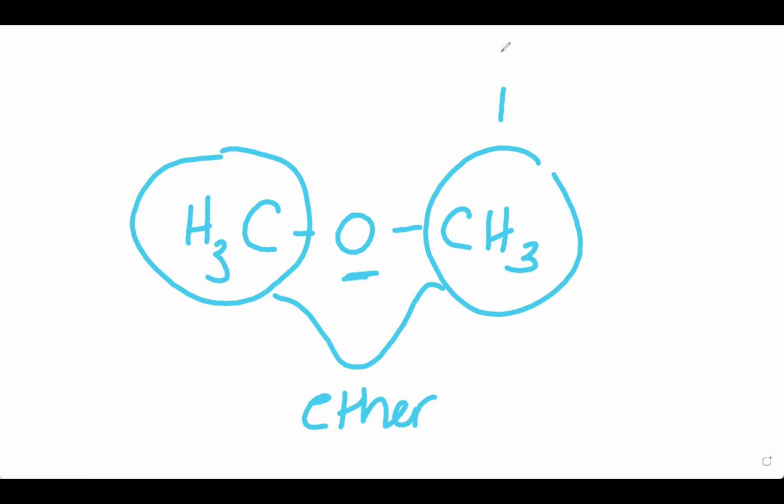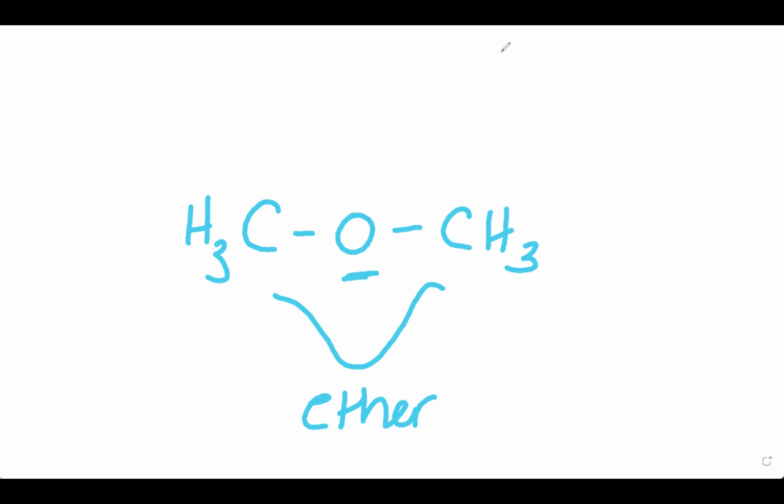Sometimes we'll depict it with an R just to say that it's another carbon group, because this could look like, for instance, let me erase this, it could look like this. Or it could be something really, really long. But if you see a C with an O and another C, this is known as an ether. All right, so let's start off with those functional groups just for right now, and then we'll add more as we go.